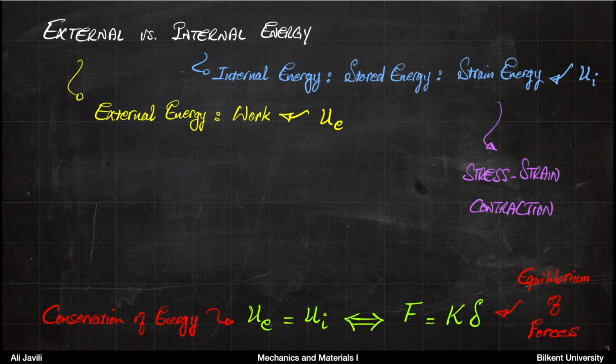And you can imagine the internal quantities inside a beam or a shaft are stress and strain. So if you find the stress-strain contraction, and basically that means some sort of multiplication of stress and strain, then you can obtain the strain energy.